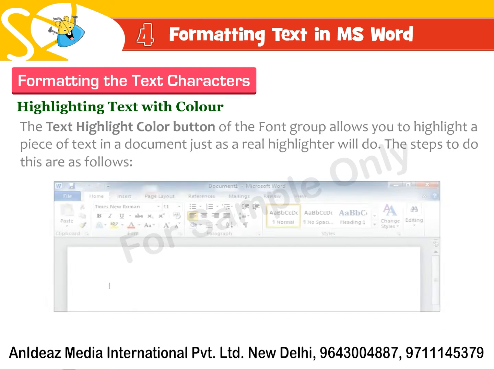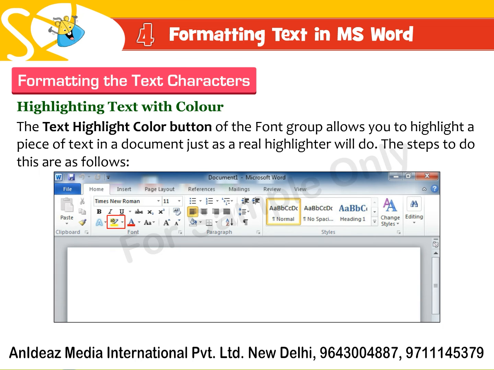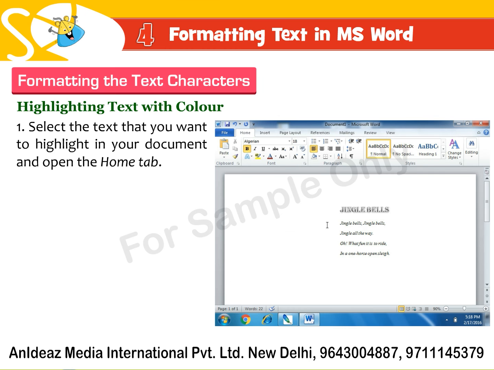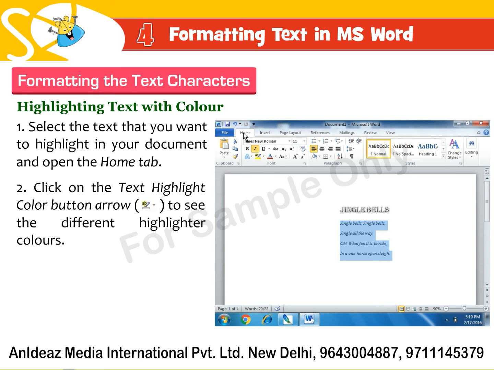Highlighting text with color. The Text Highlight Color button of the Font Group allows you to highlight a piece of text in a document just as a real highlighter would. The steps to do this are as follows. 1. Select the text that you want to highlight in your document and open the Home tab. 2.